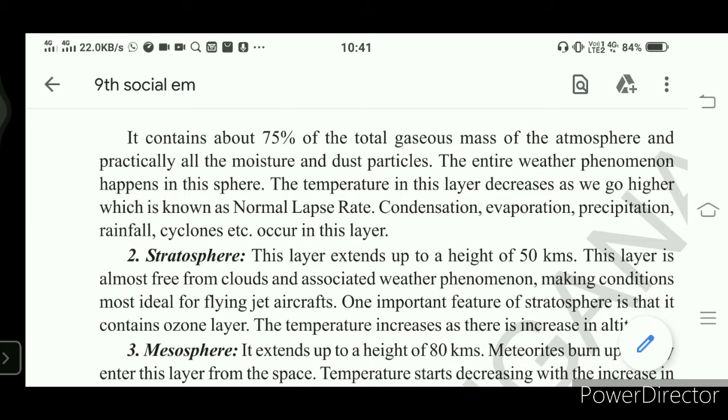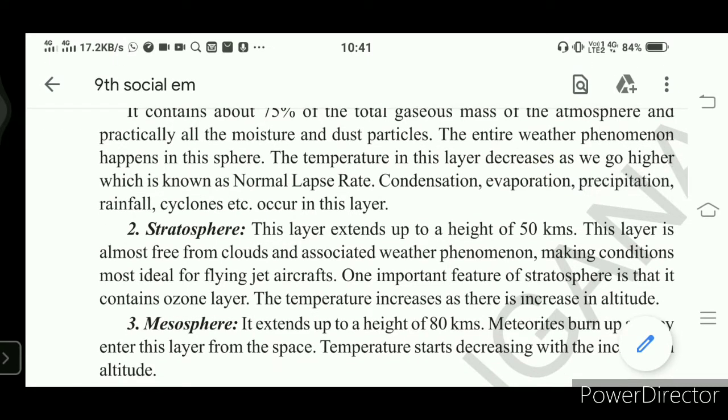For this, we already discussed a reason in 8th class, that is terrestrial radiation. Dear students, you know that the earth becomes heated by the process of insolation, right? Incoming solar radiation is called insolation.